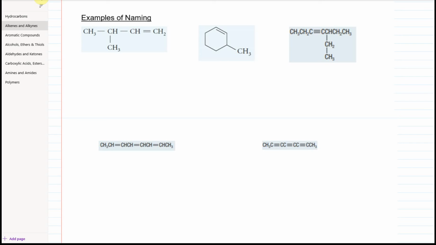Okay, so here we're going to take a look at the longest continuous chain. You can see that it's straight across here. It wouldn't matter if you started here and did an L shape, because this carbon is a point of symmetry, no matter if you do the L shape or go straight across. On the second carbon from this side, there is a CH3 group.